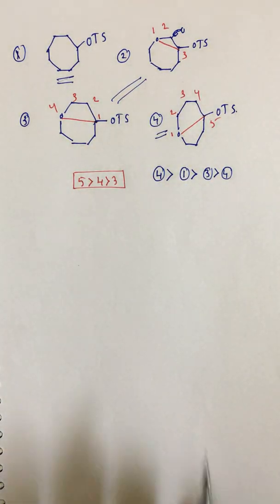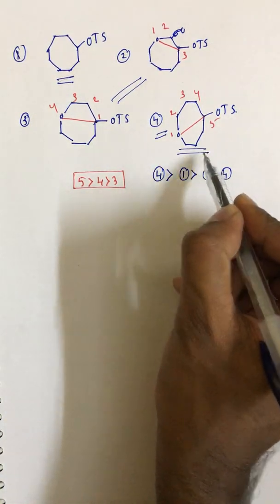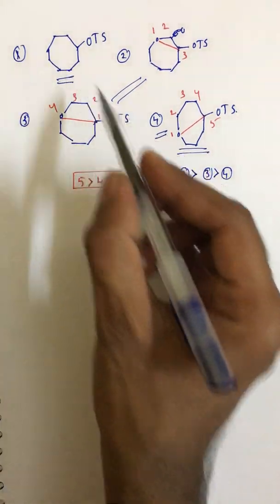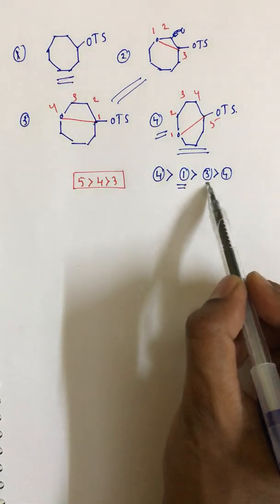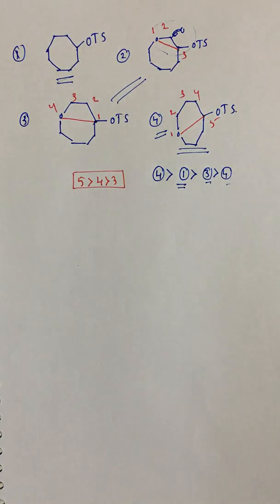Because of the strain, these two are less reactive. The first reactivity will be the 5-member ring, then the first one, then the third and fourth will be highly strained molecules, that is the 3-member ring.